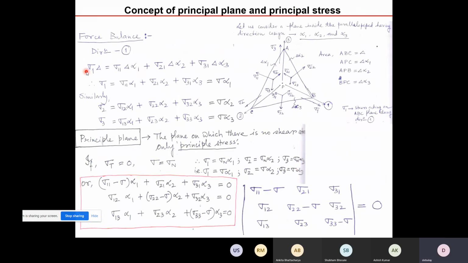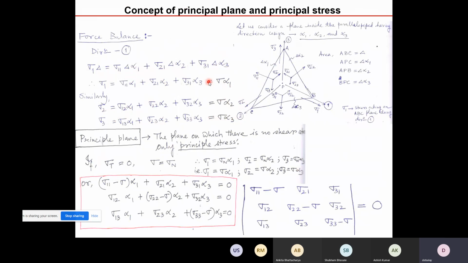So stress in the direction 1, as I said, sigma 1 delta equals sigma 1 1 delta alpha 1. You can see the balance is done along direction 1, direction 2, direction 3, and here we are considering the plane to be a principal plane, not taking the shear terms.